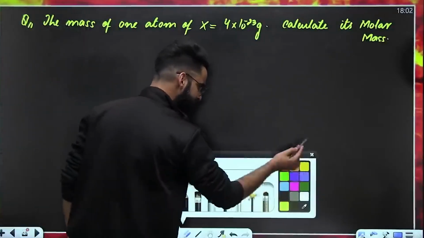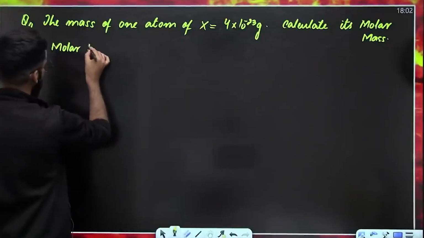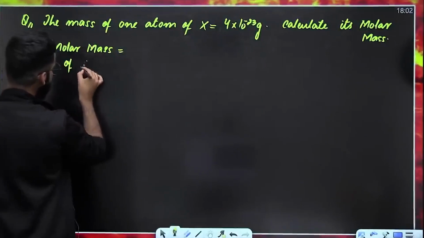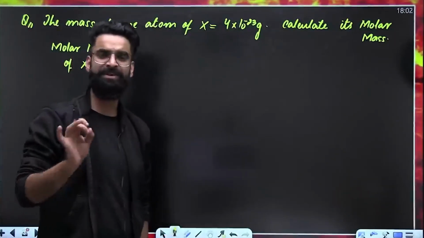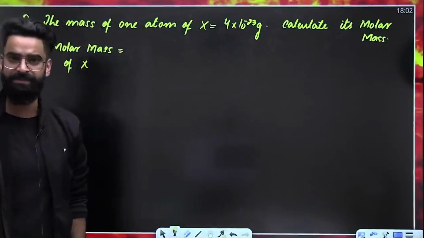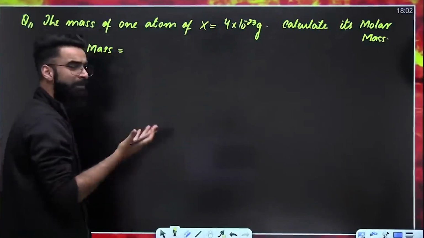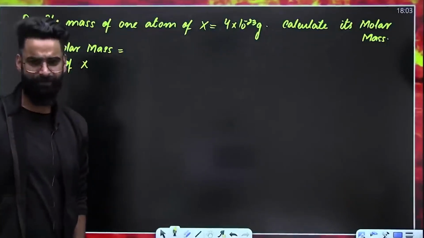So, my dear students, what is meant by molar mass of X? Molar mass of X means the mass of 1 mole of X, right? What is meant by mass of 1 mole of X? Mass of 1 mole of X means mass of NA X atoms, right?